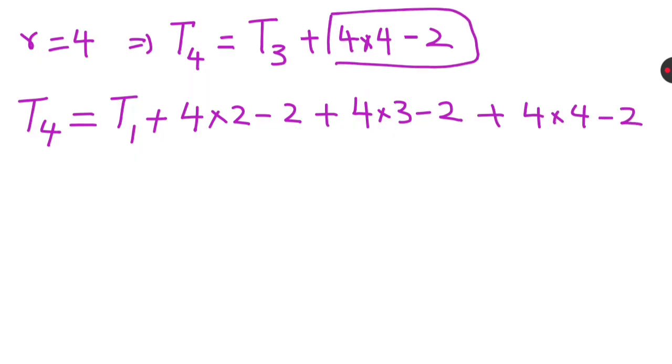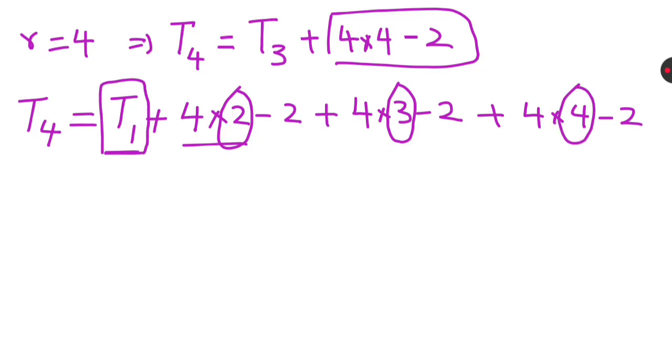So what are you observing here? Each time we go one step higher, we add another term of the form 4k minus 2. See here: 4 times 2 minus 2, 4 times 3 minus 2, 4 times 4 minus 2, and starting always we have t1.